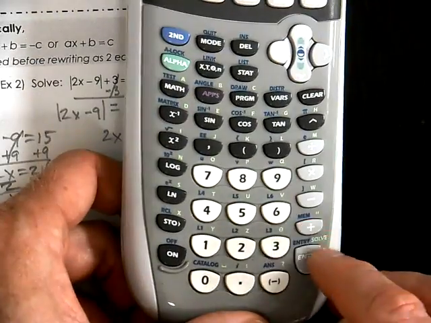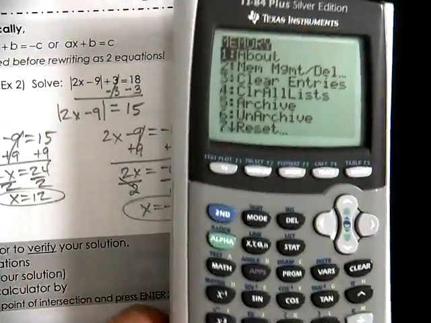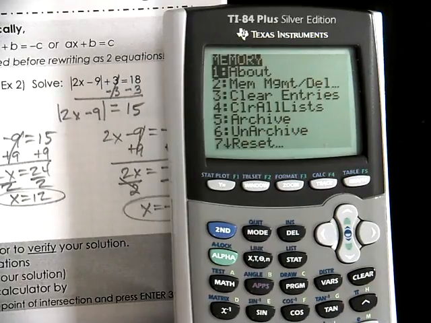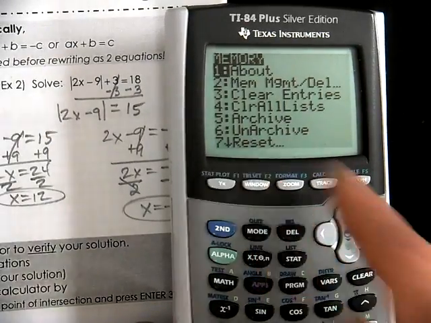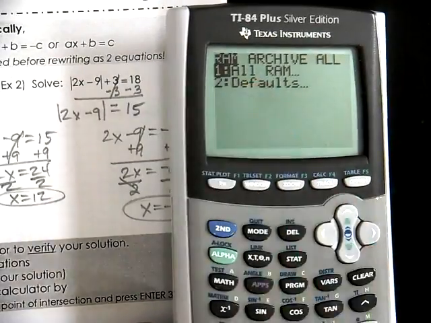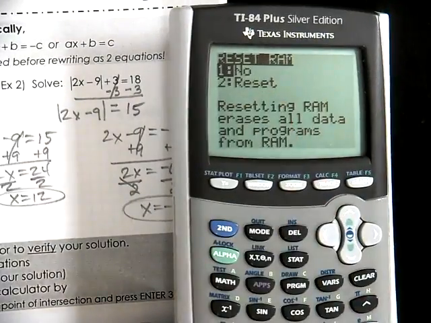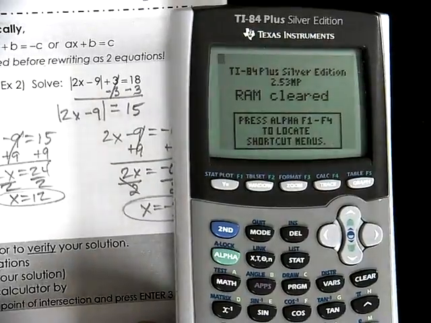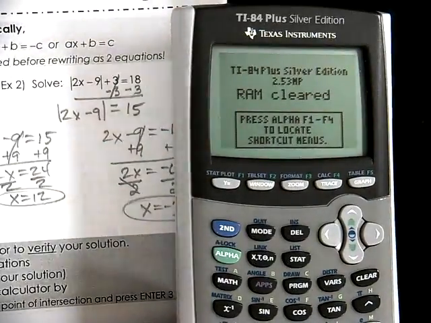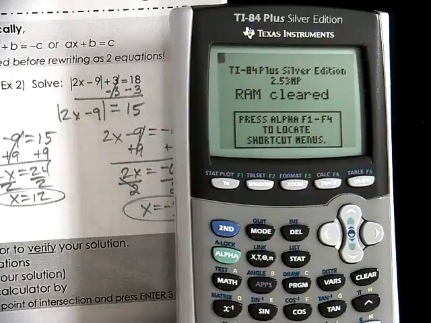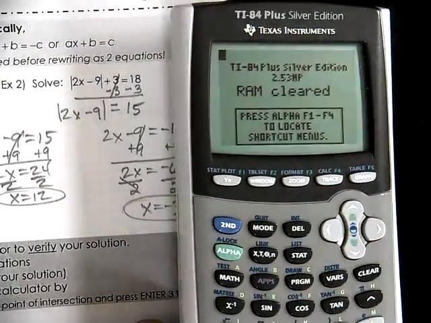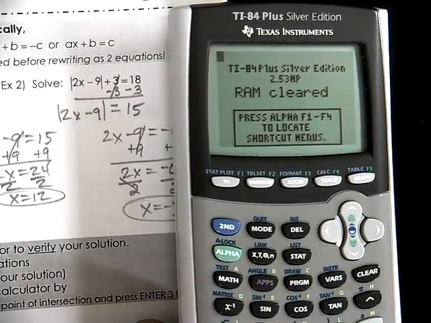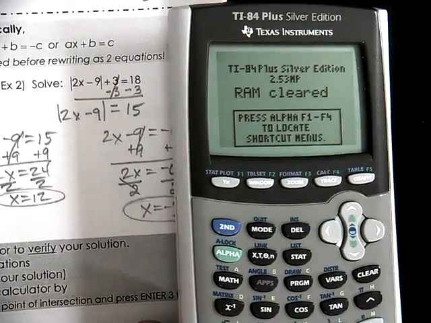I hit the plus sign down here. That gives me this menu. I want to go to 7, then 1, then 2. What that does is it cleans your calculator. It takes all the equations out. It puts your window values back to the beginning. Takes away all the errors that could possibly be happening.